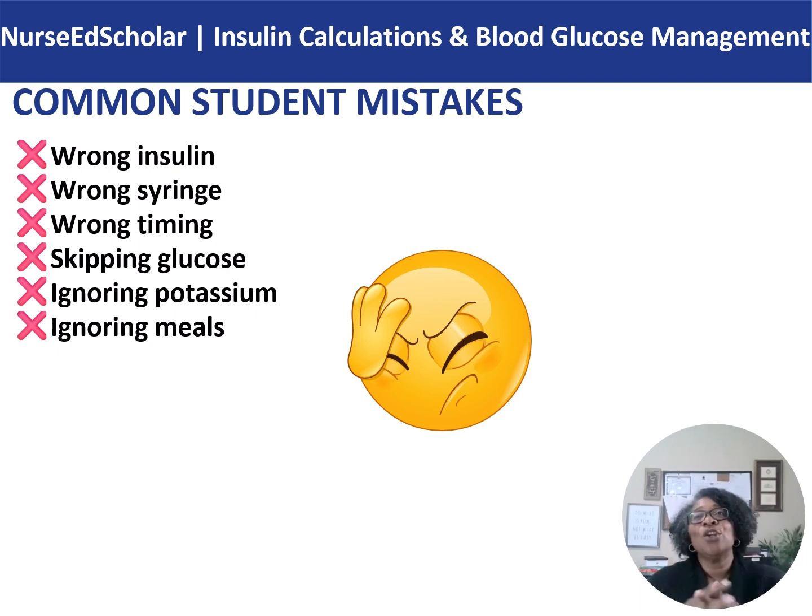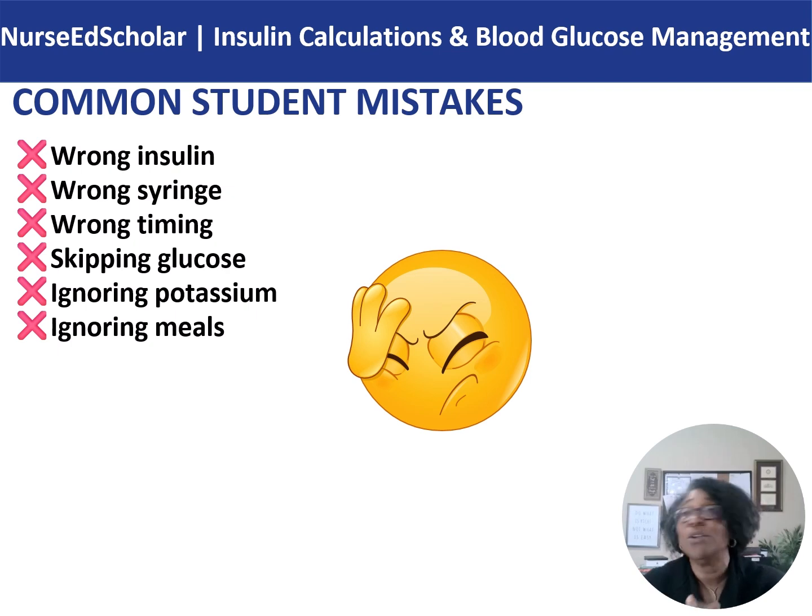And so I'm going to throw this in there. We're almost to the end, but I like to give real life examples. As an instructor, I had a student and we get distracted. I guess I should have put on that common mistakes being distracted, because the student was drawing up insulin and they were talking. And I was watching the student. The student was drawing, they got to 5 units.